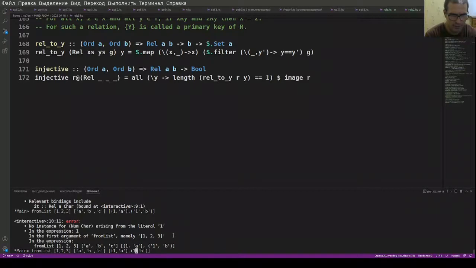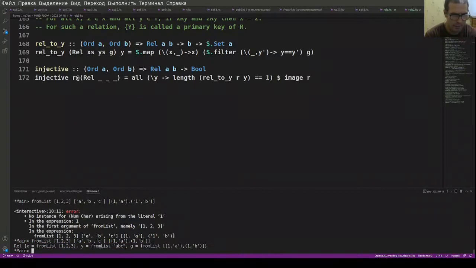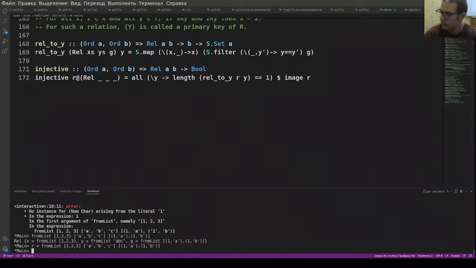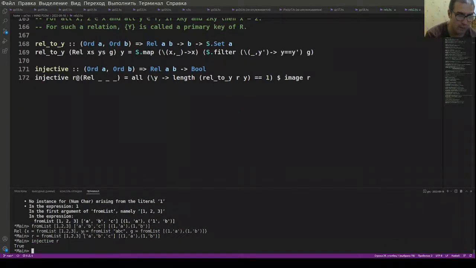Like this. Okay, and they built our relation and we can try to check it. Try to check it for our injectivity property, injective. And it is injective, as you can see, because every x is determined by y.